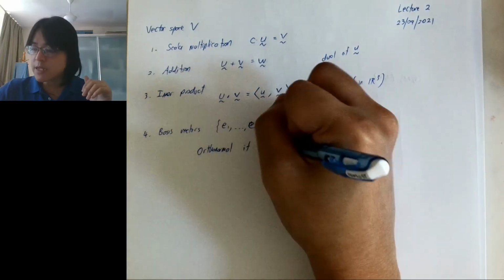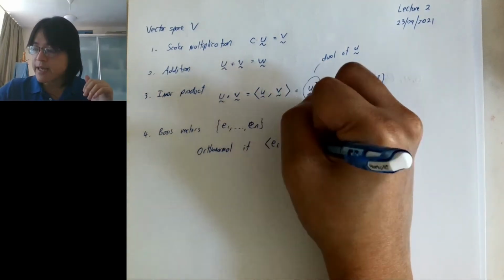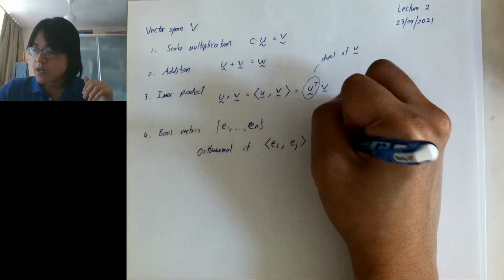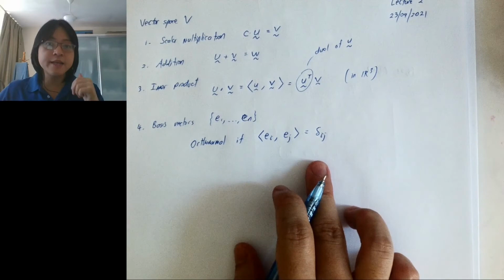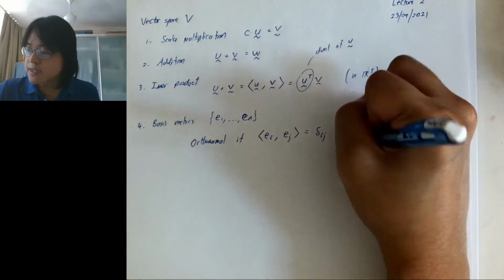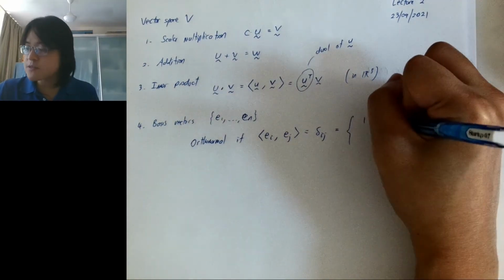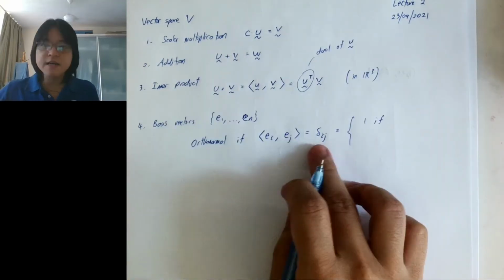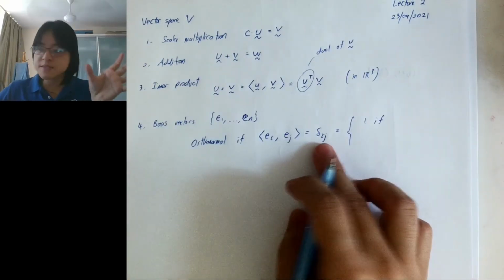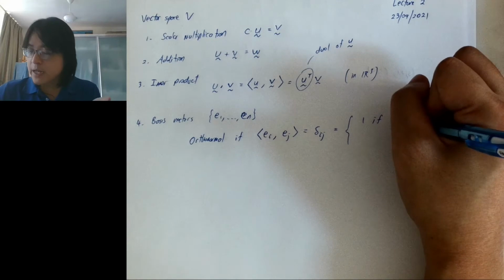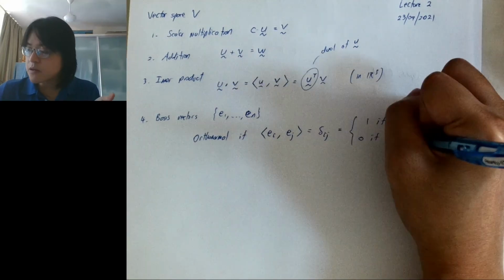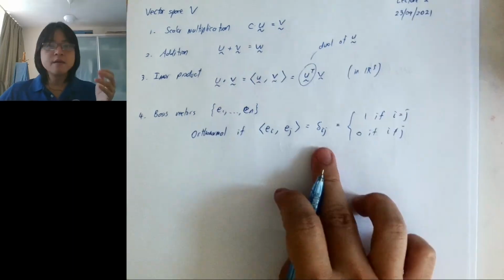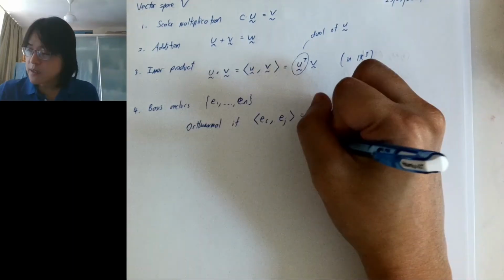So it is orthonormal if the inner product between any e_i and e_j is the Kronecker delta. This one you also need to pay attention to, because the Kronecker delta is something we will use quite often. The Kronecker delta is like a matrix: it is equal to 1 on the diagonal if i equals j, and 0 if i does not equal j. Okay, so this is what we call the Kronecker delta.